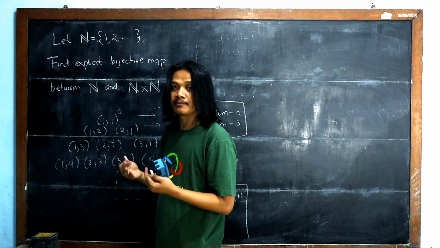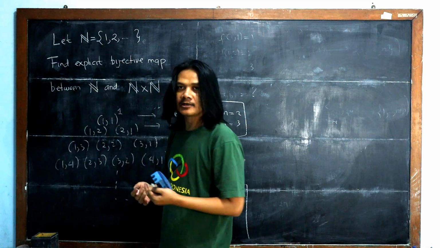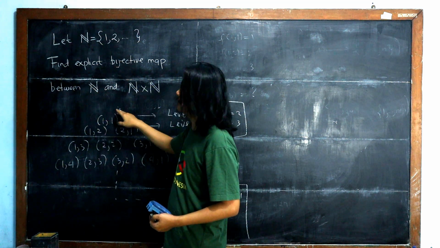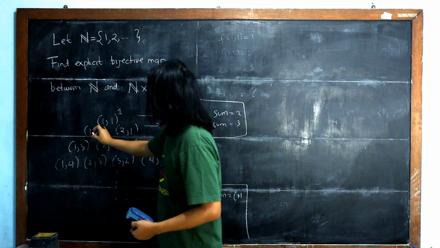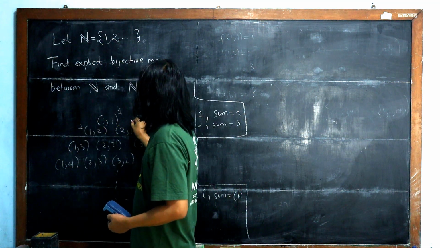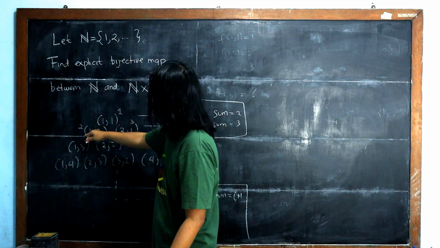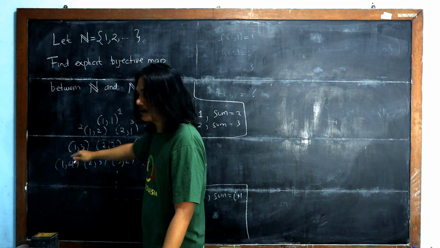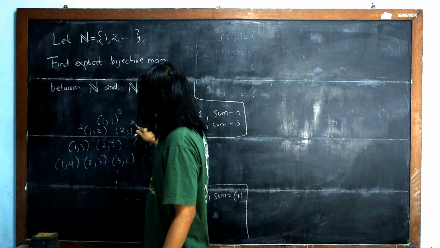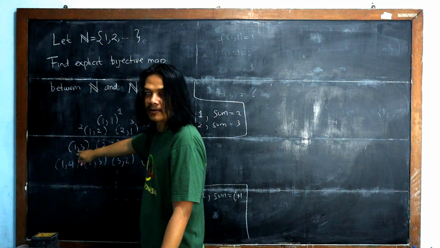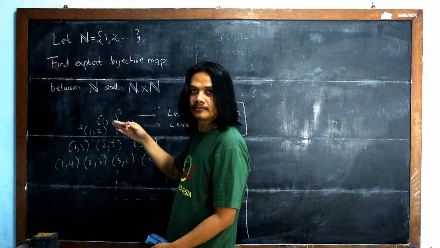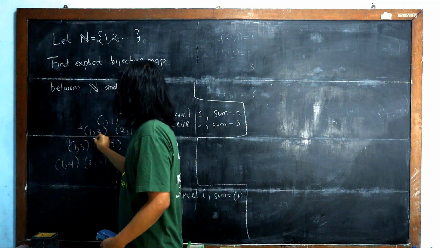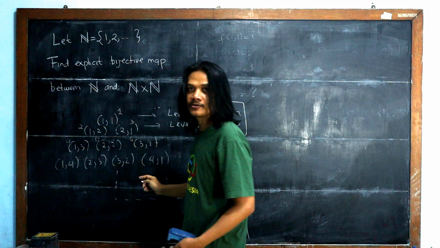Explicitly, that means we create a function f from N cross N to N such that f(1,1) is equal to 1. And then the next element is this one. Once we finish a level, we enumerate the elements on the next level starting from the left. So after 1, 2, 3, this is 4, 5, 6, and so on.